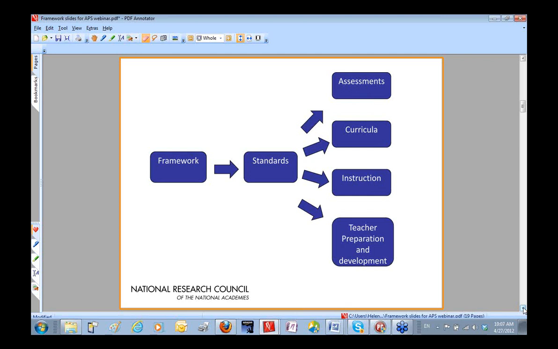And all of these elements have to change in alignment for any change in education to actually happen. And so the framework is just a very first step in a process of realigning all the pieces. Today we'll talk mostly about the teacher preparation piece, but I think this is to give you a context that we're well aware that framework and standards are only a small part of what needs to happen.